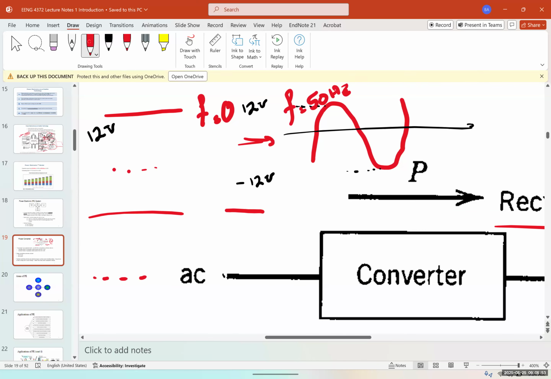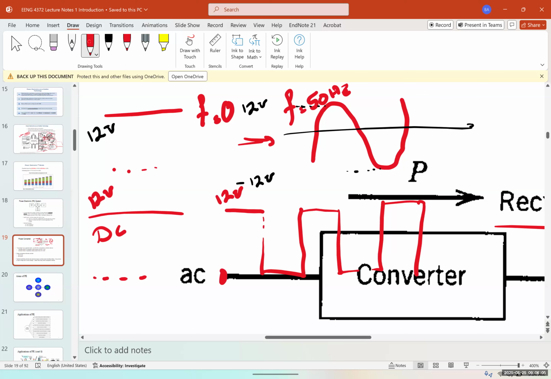So I'm going from this DC to this pulsating DC, which alternates between 12, 0, 12, 12, 0. Both of these are AC, the upper one and the lower one. But how can I go from direct current DC to AC? How can I make an AC signal out of a DC?